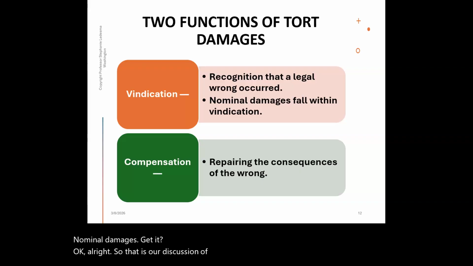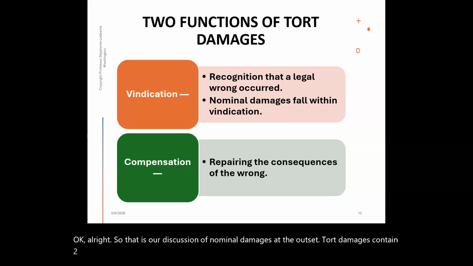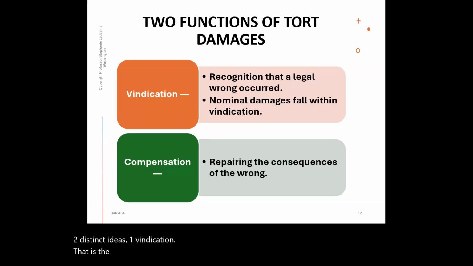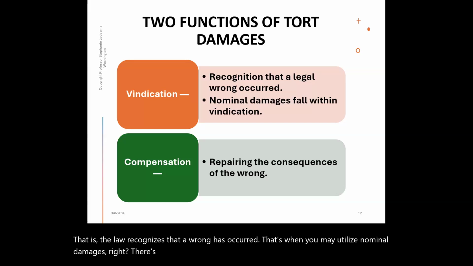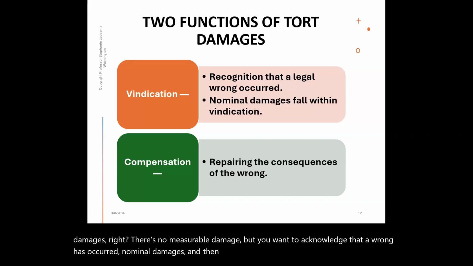At the outset, tort damages contain two distinct ideas. One, vindication. That is, the law recognizes that a wrong has occurred. That's when you may utilize nominal damages, right? There's no measurable damage, but you want to acknowledge that a wrong has occurred. And then the other idea is compensation, right?